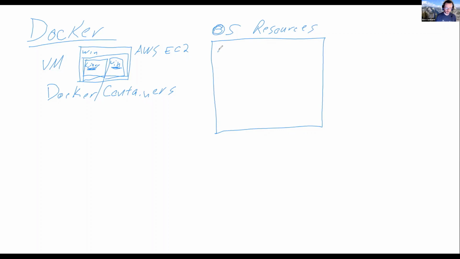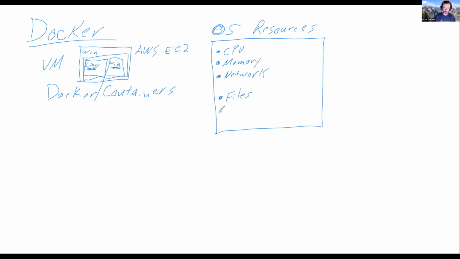So we've got CPU, right? We've got memory. And we've got network interfaces. Right? So those are things that the operating system kind of manages for you. And it tells you what's available when you're writing your program. But then there's also other things, like there's a file system.